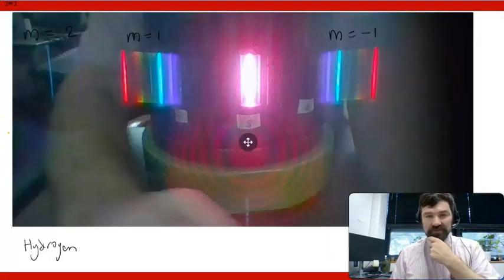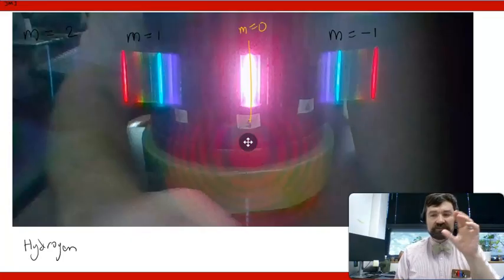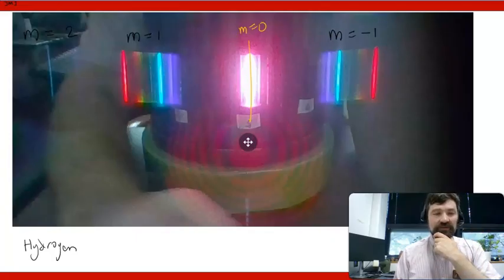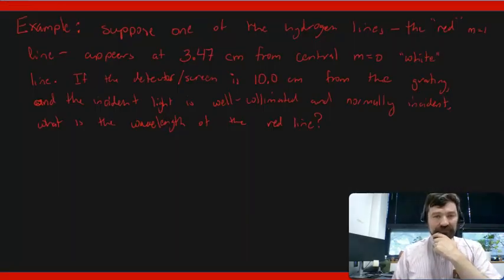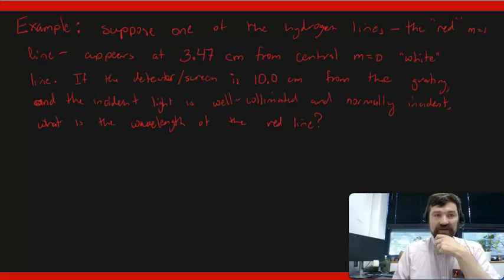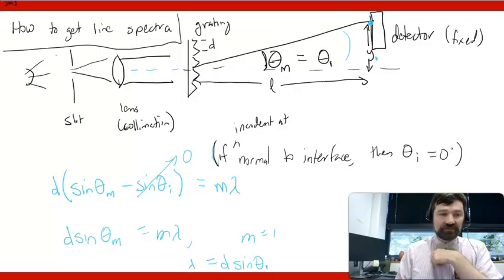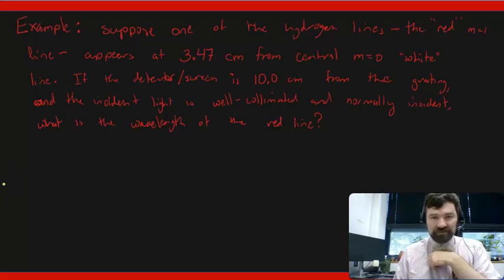This right here is your m equals 0 white line, that's sort of the center of the screen. And then the screen itself is 10 centimeters from the grating. So we're looking at L equals 10 centimeters, Y1 equals 3.47 centimeters. This is like Y1, this is like L.